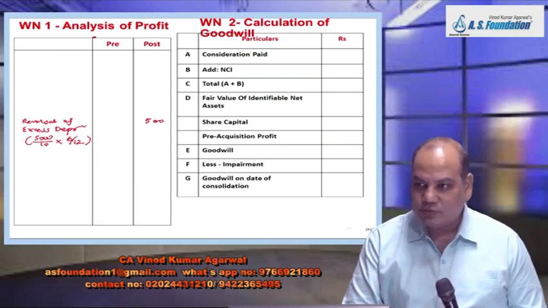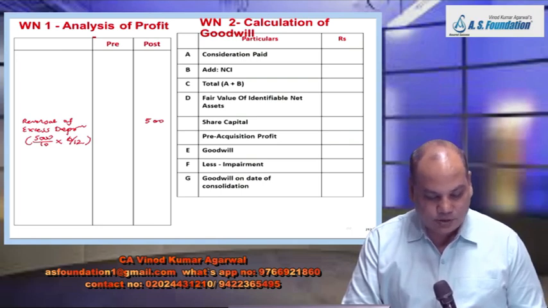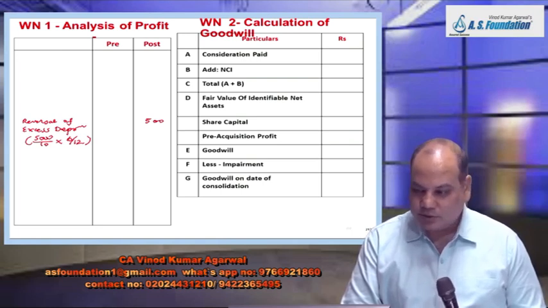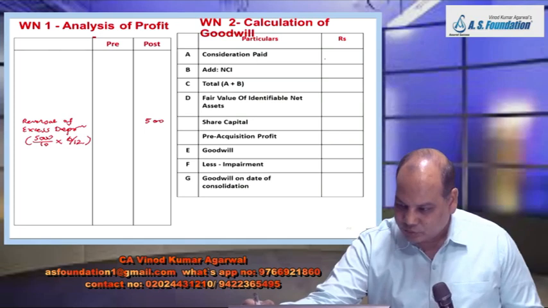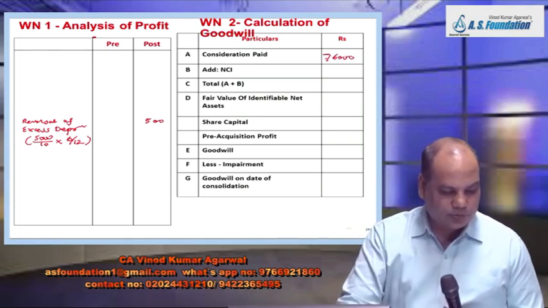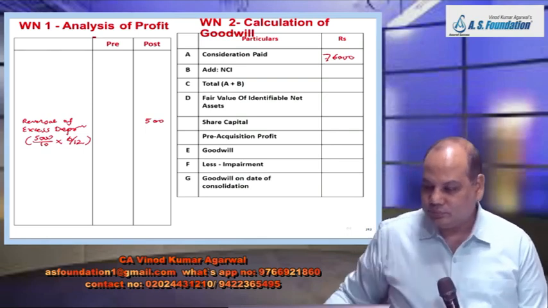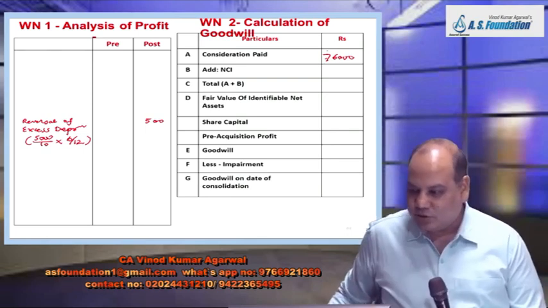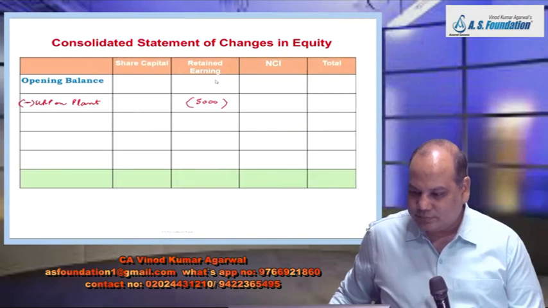Second effect is over. Post column you have written. Now what about this investment 98,000? Understand, out of 98,000, 76,000 is for purchase of share. 20,000 is loan which we will cancel.